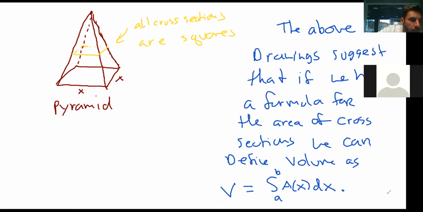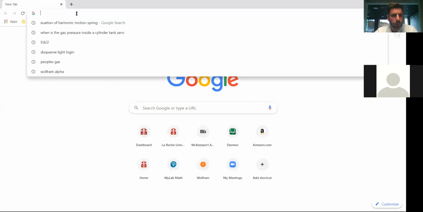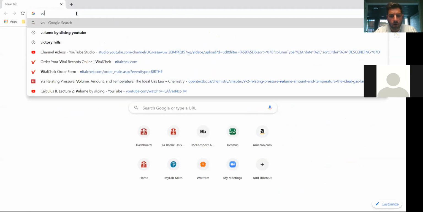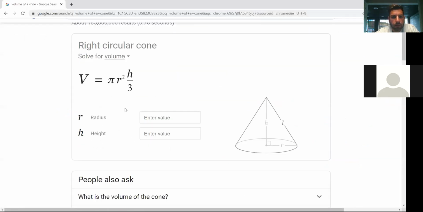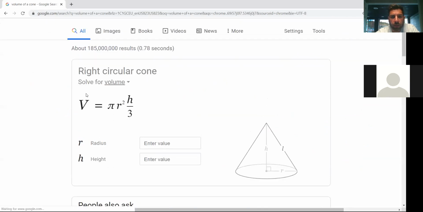So to illustrate this, let's actually work out one of these. I don't know what the best one is to do, the easiest to learn. But if you go to Google, I'm going to share this with you. So let's go to Google. Hopefully you see this. I search volume of a cone. And the first thing you see is that Google spits out the formula, pi r squared times h over 3. The question we have is, how does Google get this formula?